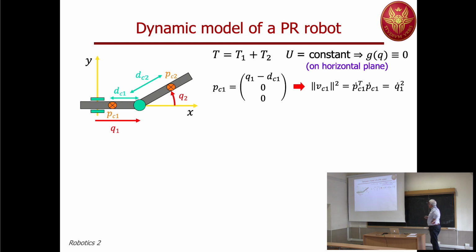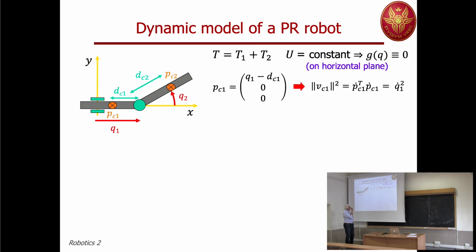And then 0, 0, because there's nothing along y, there's nothing out of plane. Why do we compute PC1? Because we take the time derivative of PC1, and we compute VC1, which is part of the kinetic energy of link 1. In fact, it's related to its translational part.